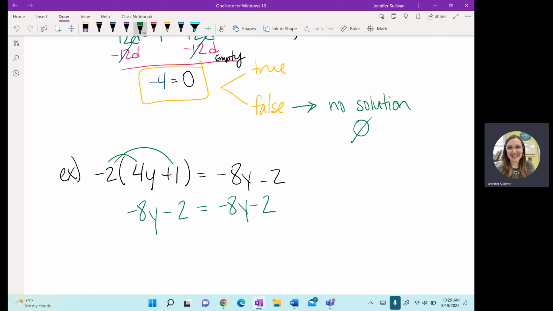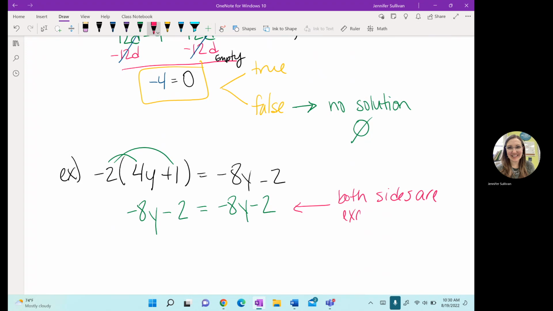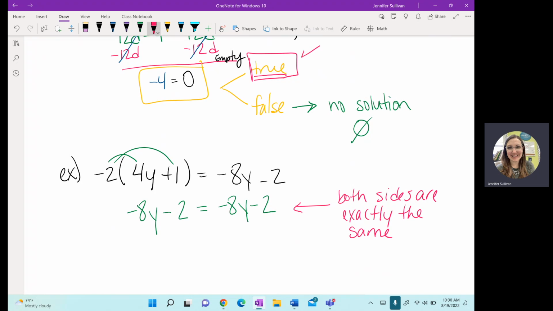Now, there's a couple different things that you could stop and think at. First of all, you could notice that at this line, both sides are exactly the same. So that's going to tell me automatically that I'm at a true statement.